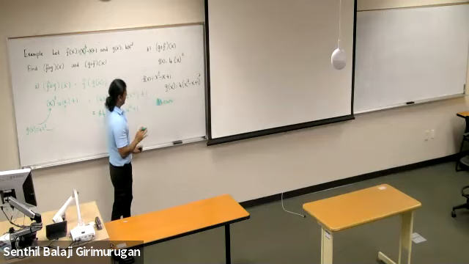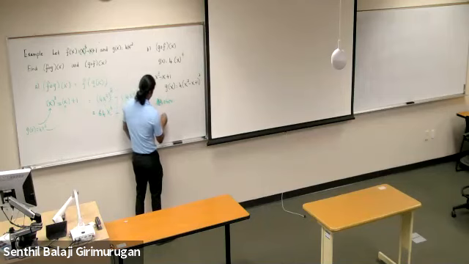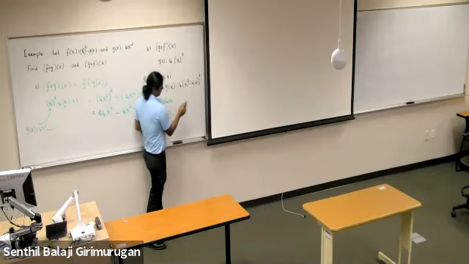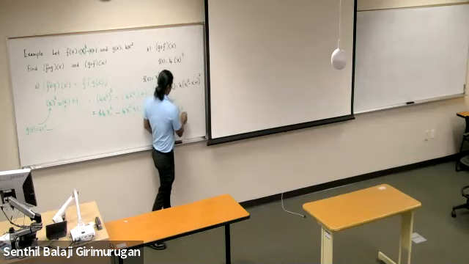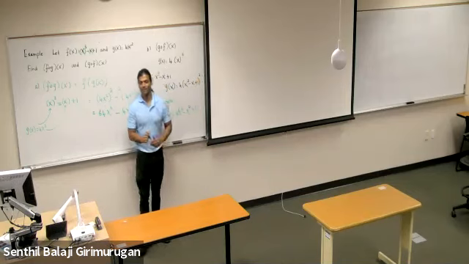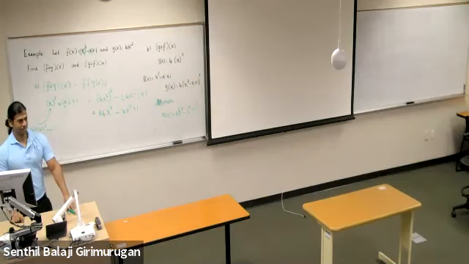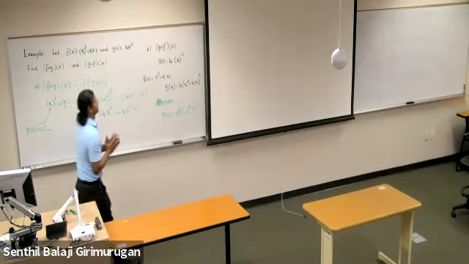If life was this easy. So writing it this way, x raised to 6, minus x squared, plus 1 squared. We have to FOIL.